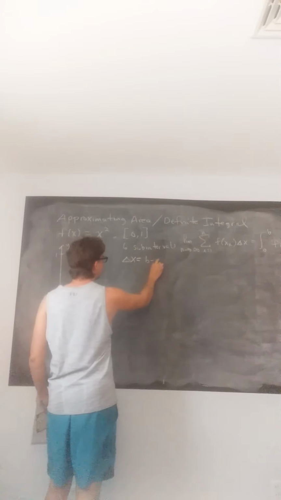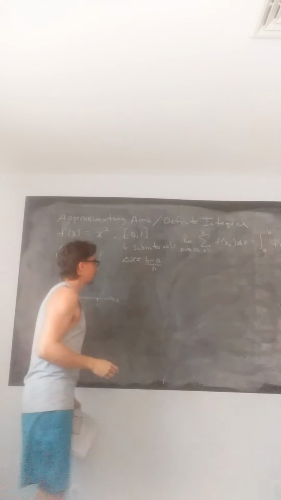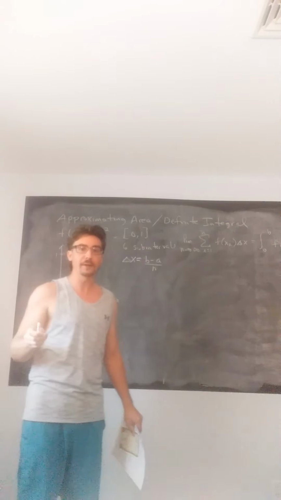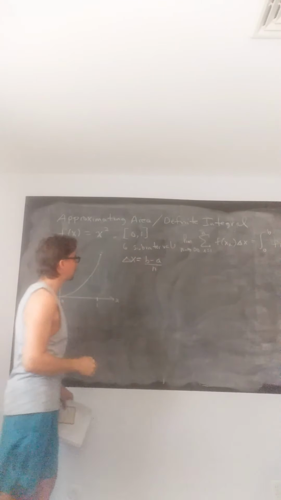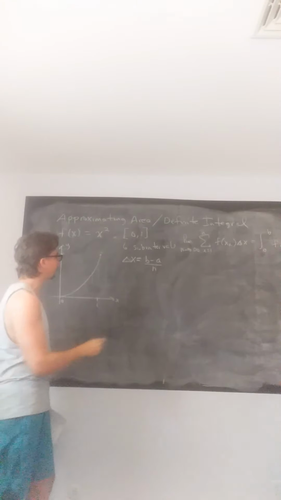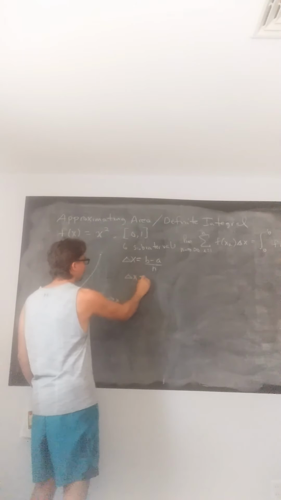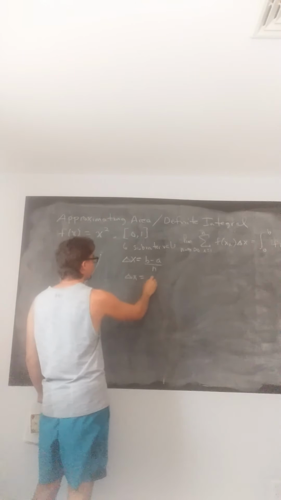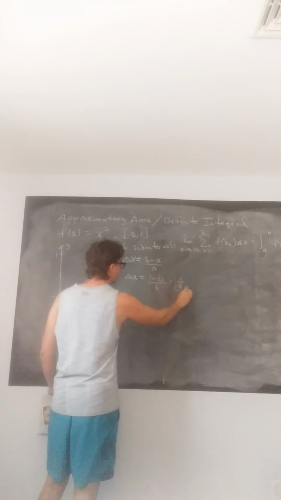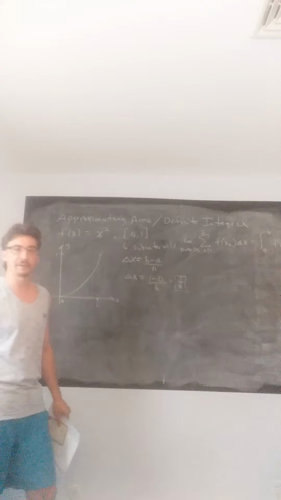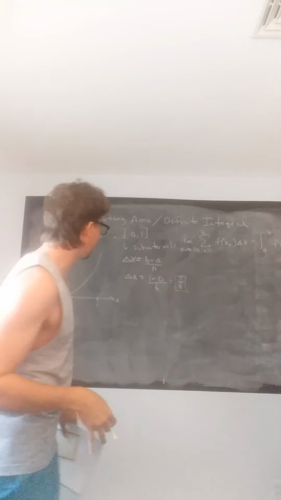By definition, delta x is b minus a over n: we take our endpoints, subtract them, and divide by the number of subintervals. We want 6 subintervals, so delta x is 1 minus 0 over 6, which is 1/6. We'll work with it as a fraction, but you can work with it as a decimal.